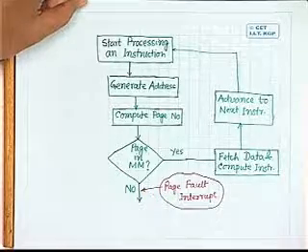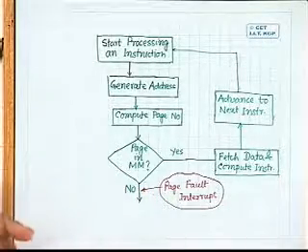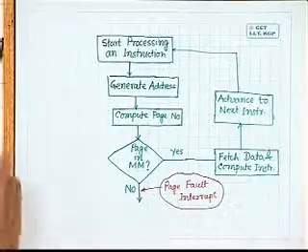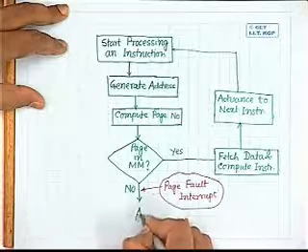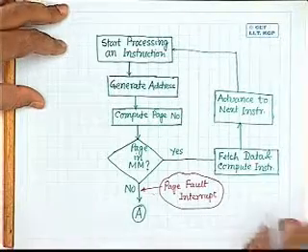This interrupt has to be processed. So let us see what are the operations that you have to perform when a page fault interrupt occurs. Let us go to the next page.